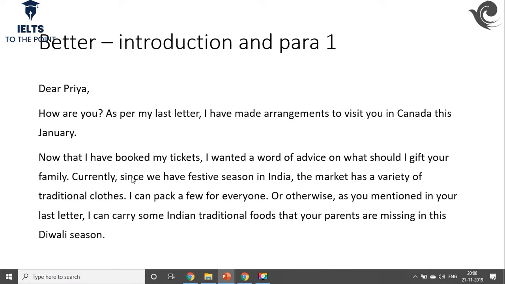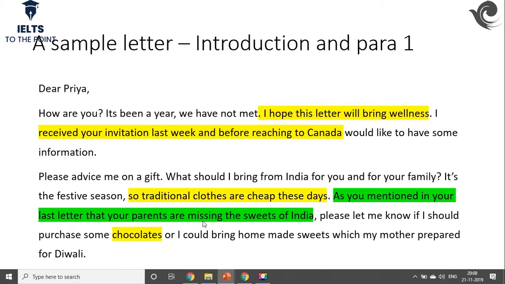Currently, since we have festive season in India, so we have used since to give the reason and the result. The result is the market has a variety of traditional clothes. I can pack a few for everyone. Or otherwise, as you mentioned earlier, in your last letter, I can carry some Indian traditional foods.